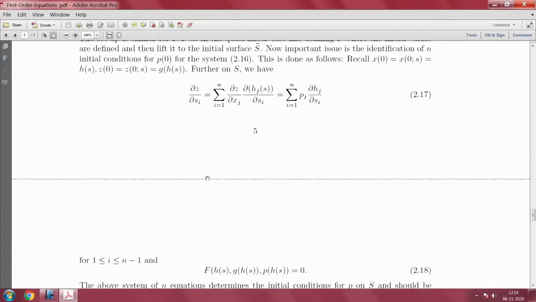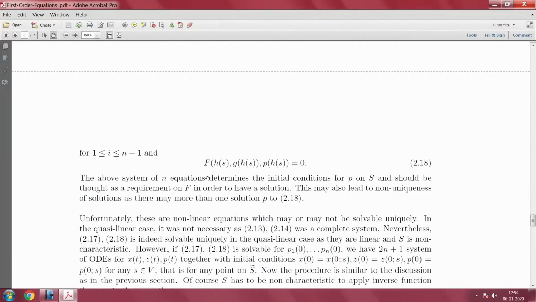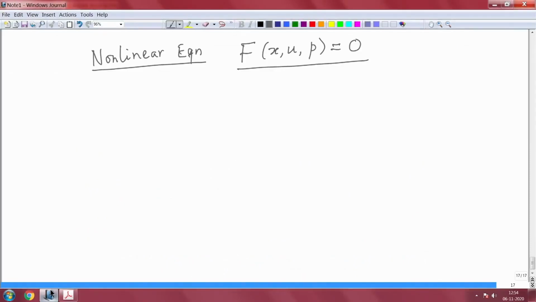And this is a restriction on the function f.